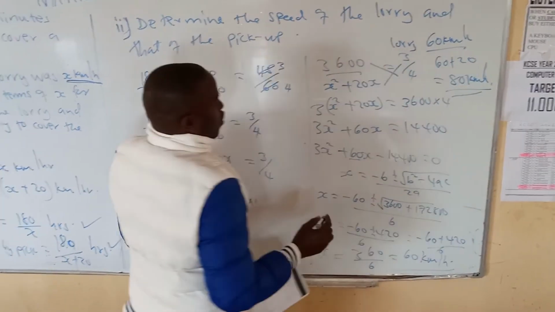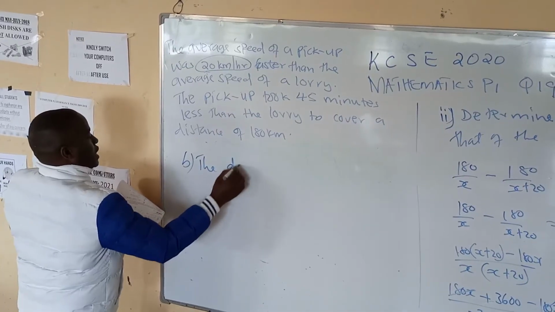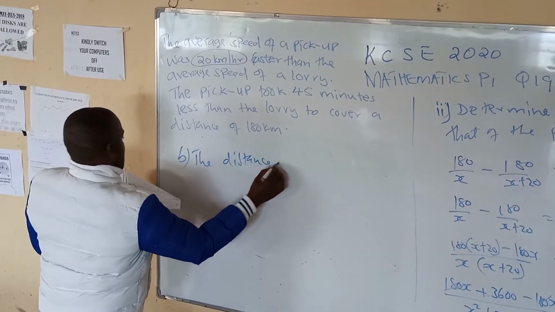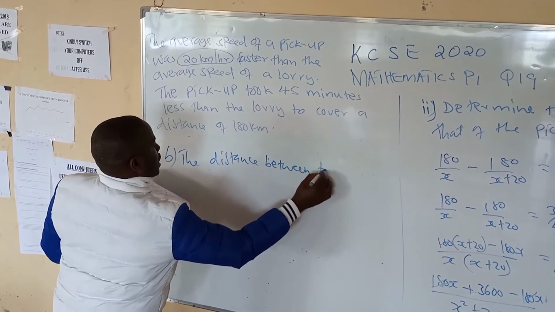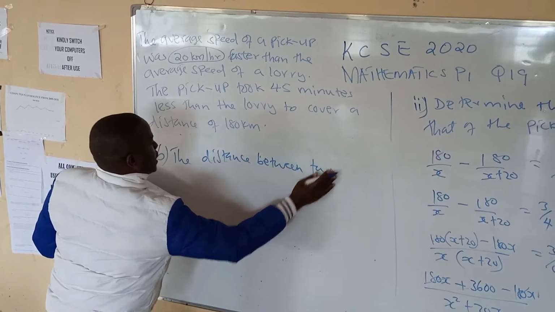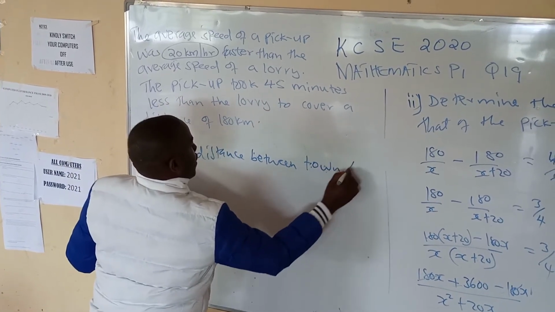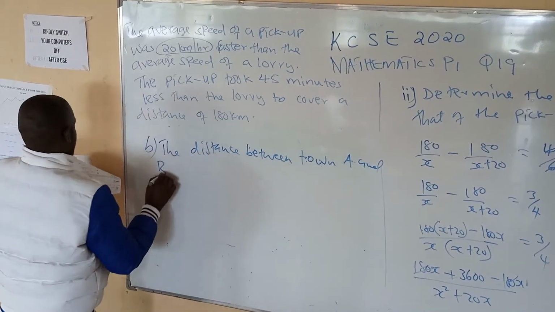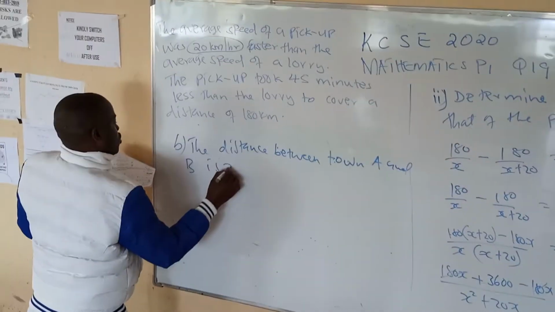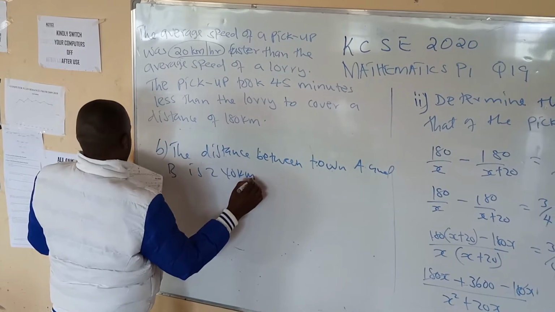So that is how you solve this. The distance between town A and town B is 240 kilometers.